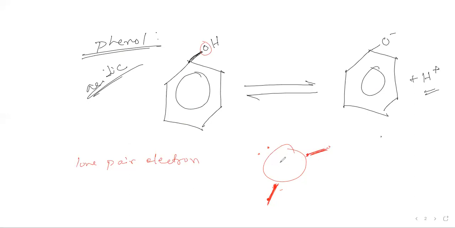Okay. Now 1, 2, 3, 4, 5, 6, and there were some other lone pairs of electrons over here. I'm sorry, there are 2 lone pairs of electrons. Let's consider one of the lone pairs is doing some sort of unusual work. So what is happening?